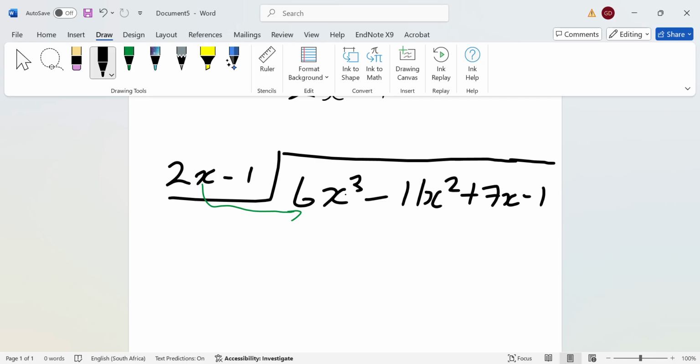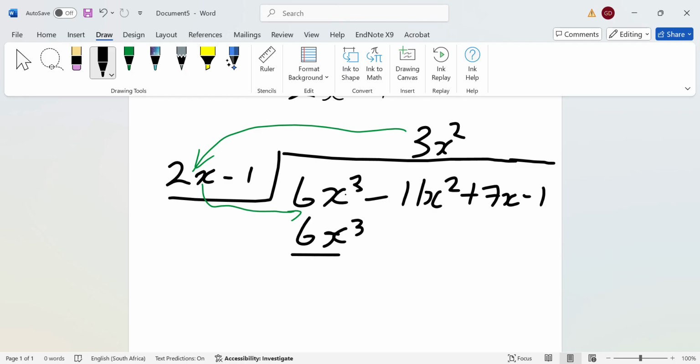Okay, and then we make sure that we write it, it must align to that x squared. So that's going to be 3x squared, and then that 3x squared multiplies that. When the 3x squared multiplies that, it gives you 6x cubed.